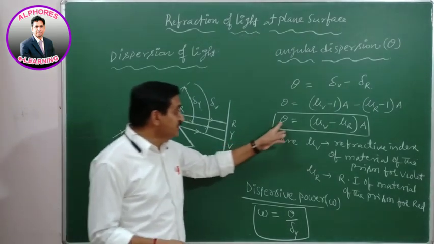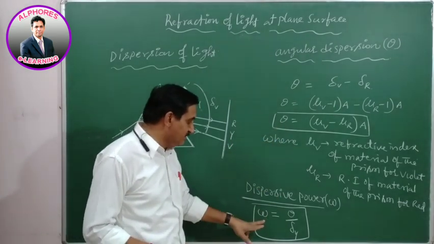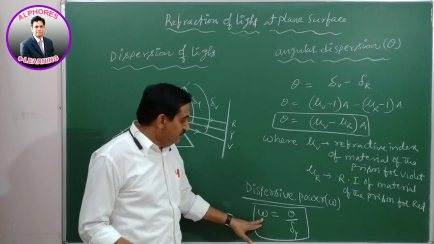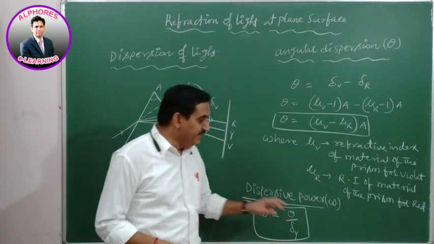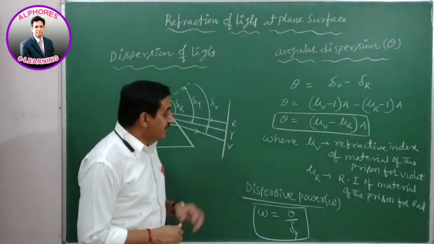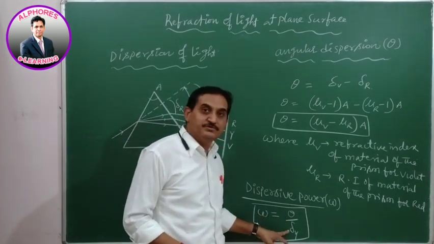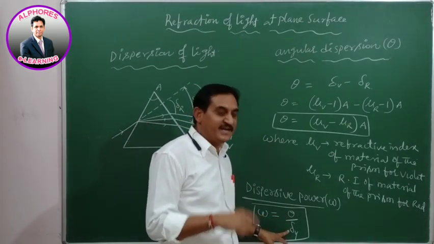By using this angular dispersion, we can define the dispersive power of the material of the prism. Dispersive power is the ratio of angular dispersion to the deviation of mean light.